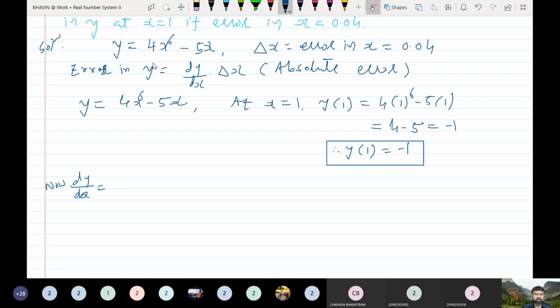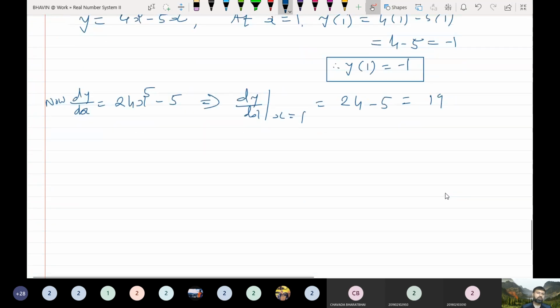So dy by dx: derivative of x raised to 6 is 6x raised to 5, and 6 into 4, that is 24. Clear? So this implies that dy by dx at x equal to 1 is equal to 24 minus 5. What is the answer? 19.